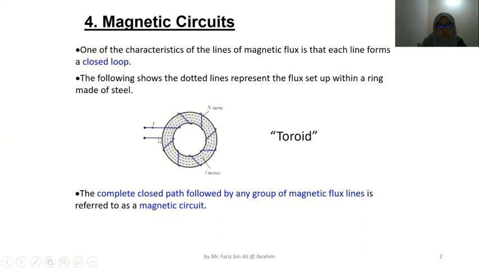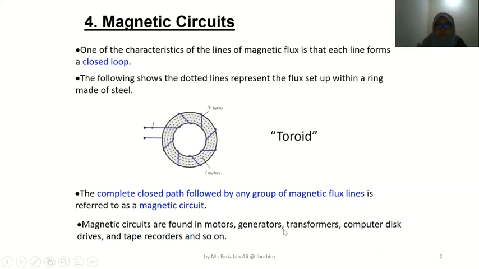So this group of flux lines is referred to as the magnetic circuit. Magnetic circuits can be found in motors, generators, transformers, computer disk drives, tape recorders, and so on. So we can find magnetic circuits in this list of equipment.